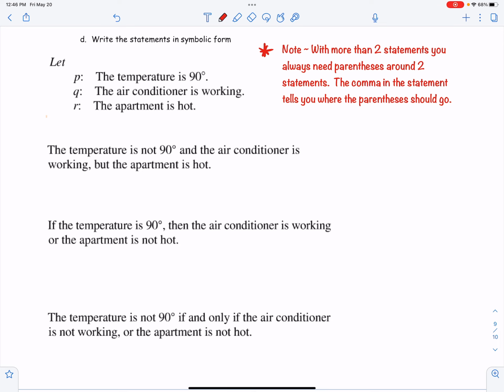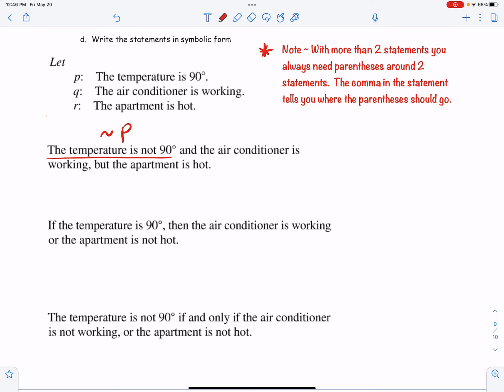Okay, so we have 3 statements here. You see these defined as P, Q, and R. All right, so what I'm going to do first, since I have multiple statements here, is go through and write each one in its symbolic form in terms of, is it a negation or is it just the event itself? Okay, so my first one here, the temperature is not 90 degrees. That's dealing with P, but because of the not, that's actually the negation.